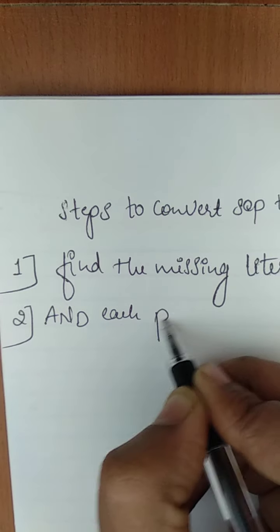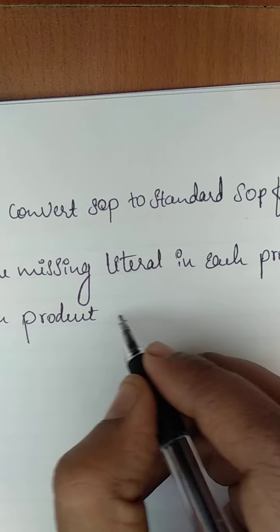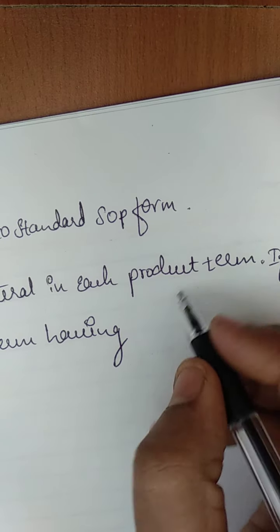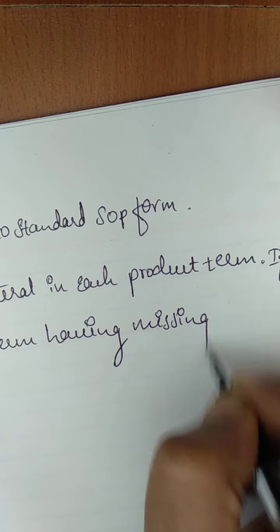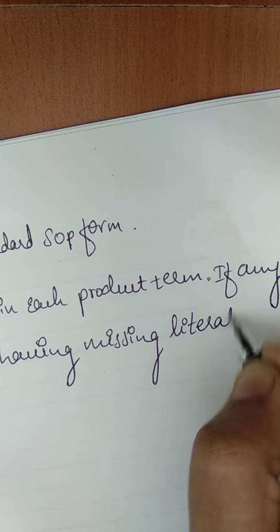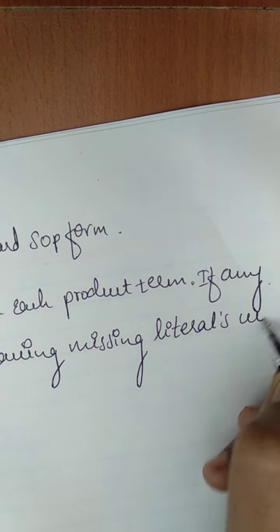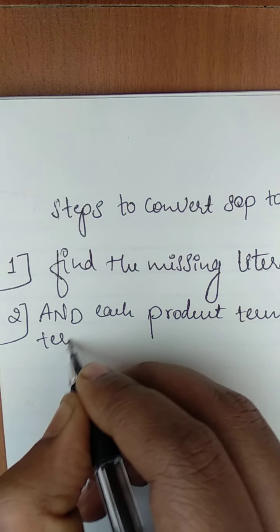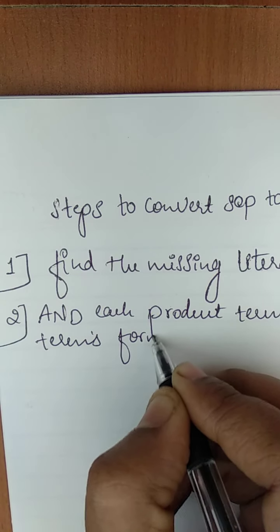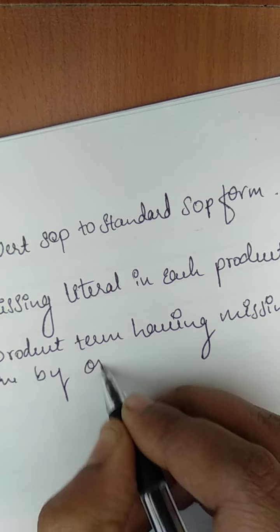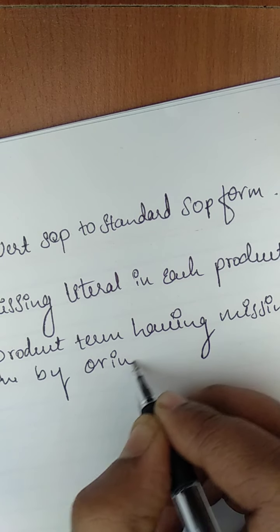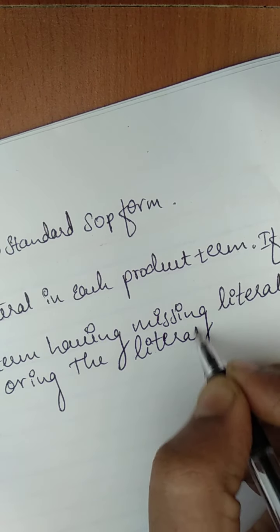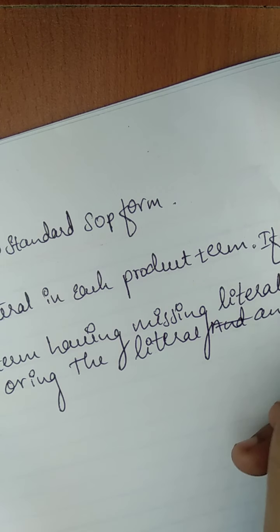So each product term that has missing literals gets terms formed by the OR operation, that is, you take the literal and its complement.